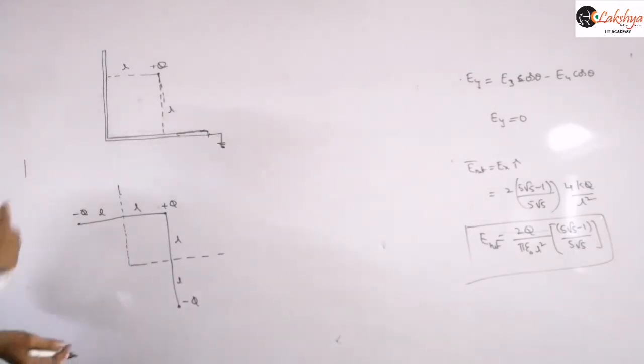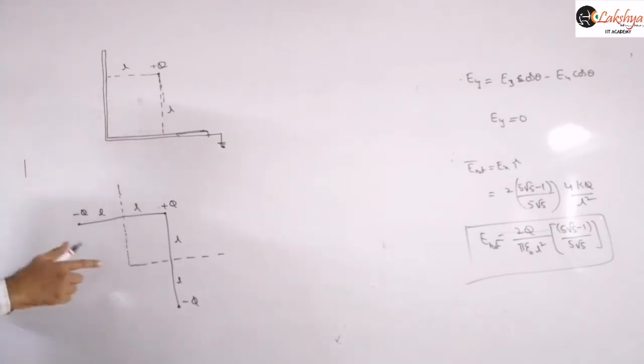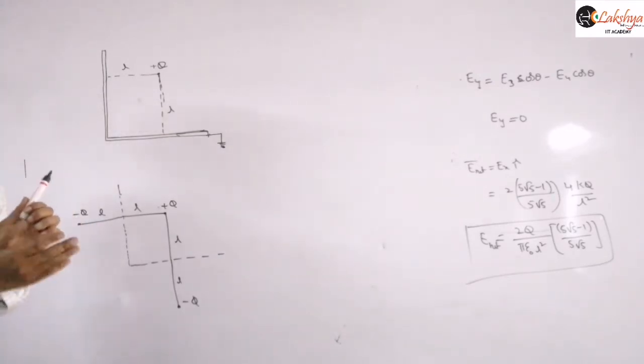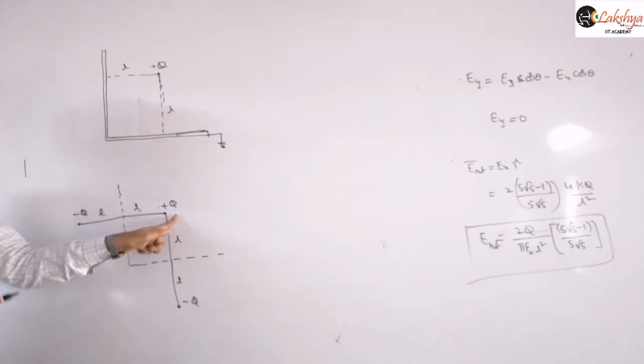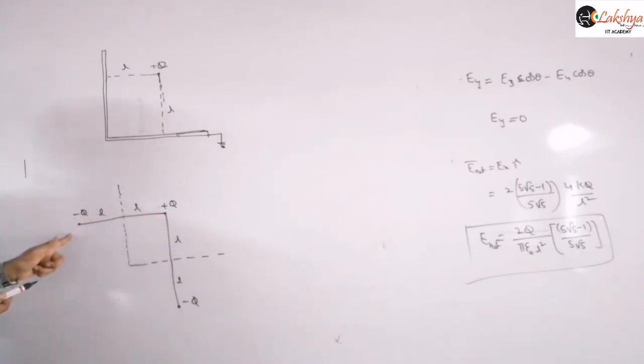Next, here one more image will be formed. That means actually when two mirrors are perpendicular to each other and you are placing an object in front of them, then you will get three images, right? And so now how are the three images formed? For this plane mirror, this charge will act as one object, so its image is formed here.